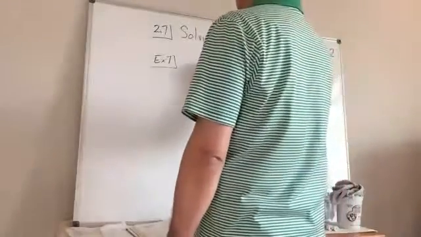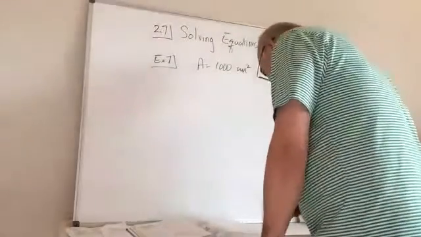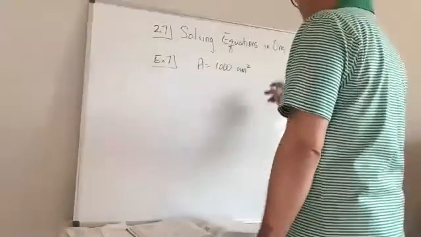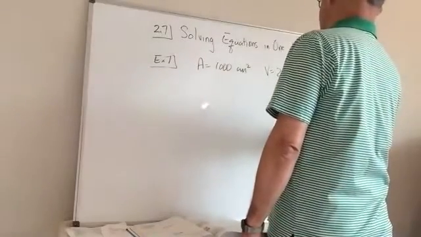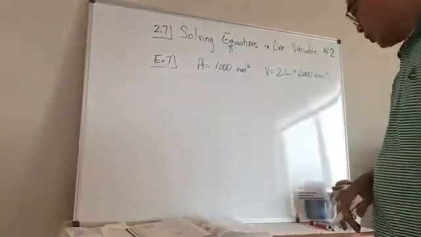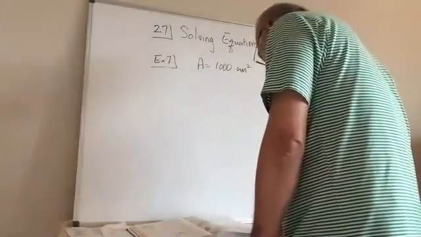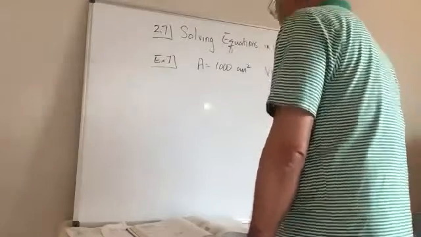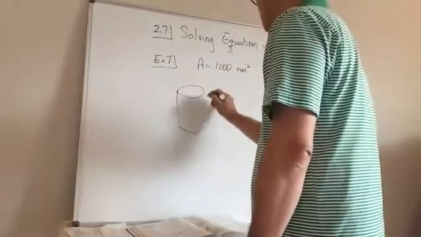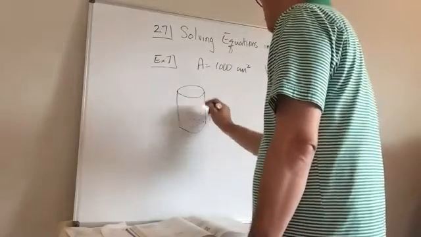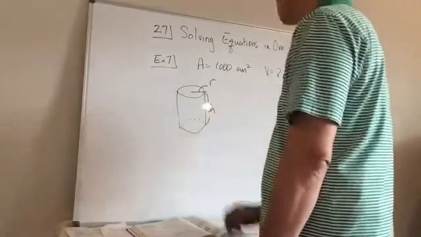So I have a surface area of this, and I have a volume of 2 liters, which is the same as 2,000 cubic centimeters. Okay, and what am I trying to find? I'm trying to find the radius and the height. So the radius here is r, and the height here is h.